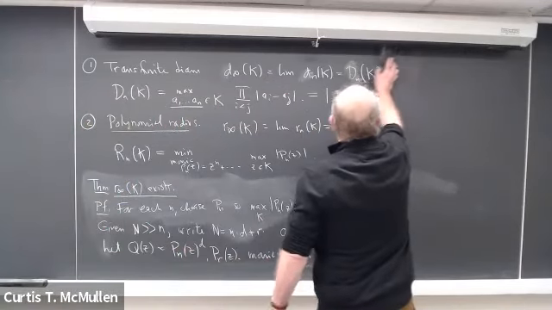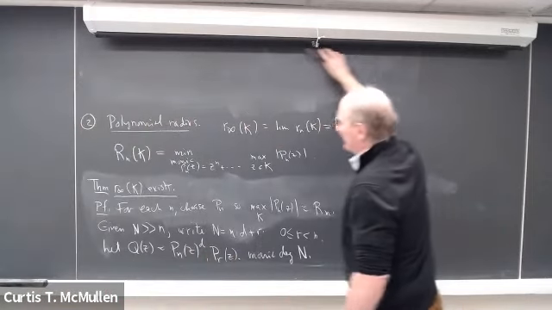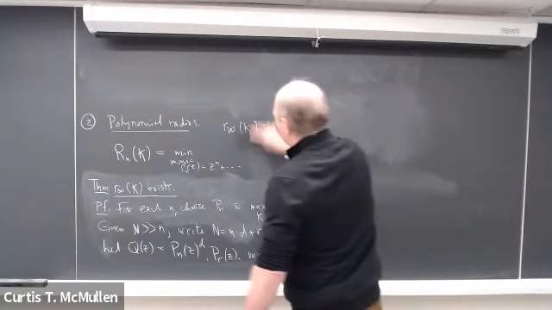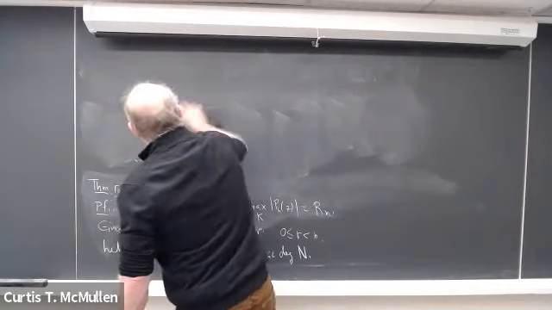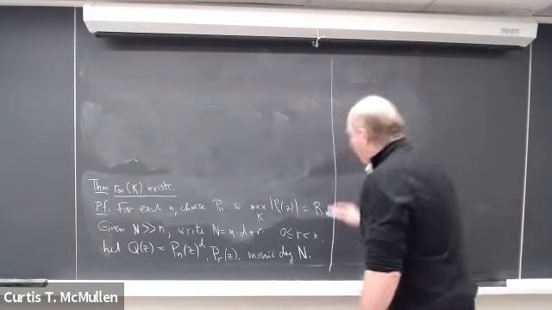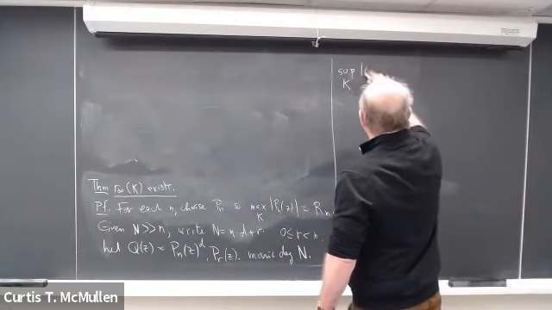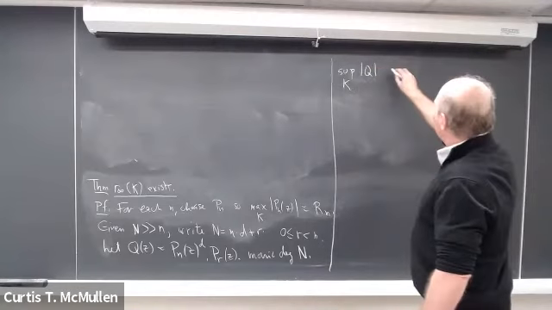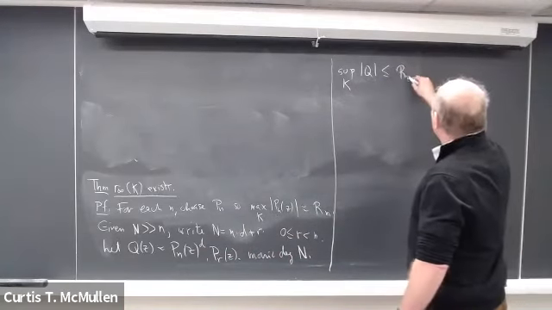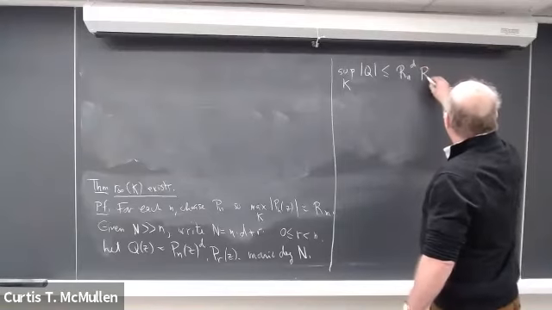So what that gives is the following statement. That then gives that the sup over K of the absolute value of Q is less than or equal to the sup of this number, which is Rn to the d, and then R sub little r.